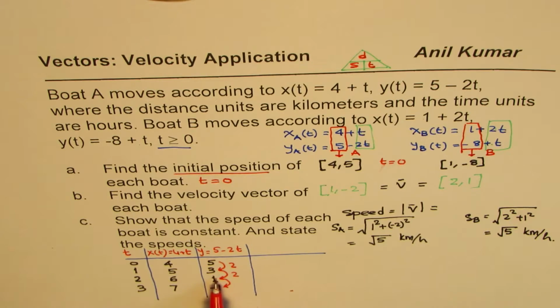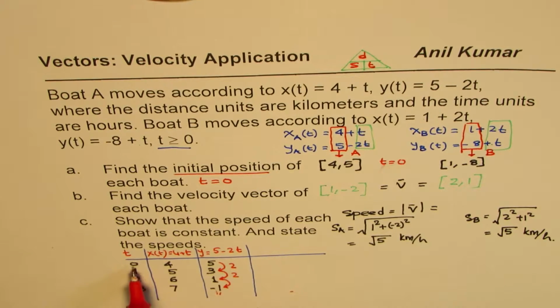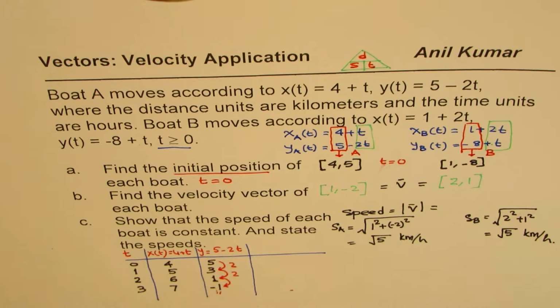That's one part. You could also graph this, and you'll find that all these points will lie on a straight line, right? So as t increases, the position changes from 4, 5 to 5, 3 to 6, 1. So it's decreasing at a linear rate, at a constant rate.